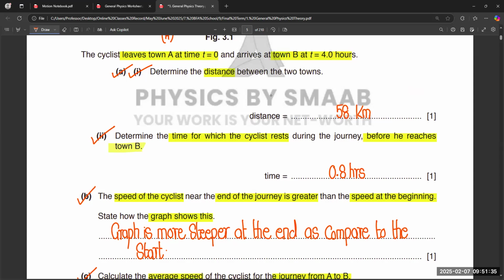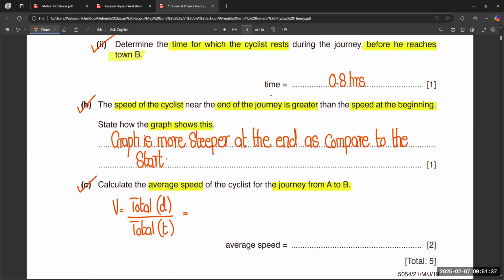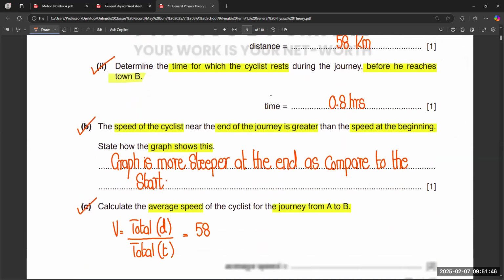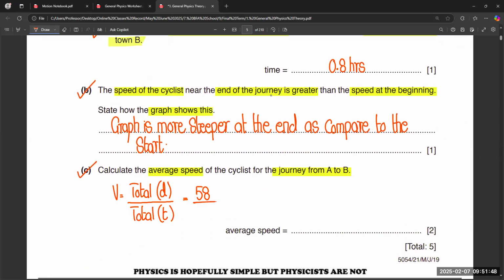So total distance is 58. Total time given 4 hours. So 58 divided by 4 is equals to 14.5.